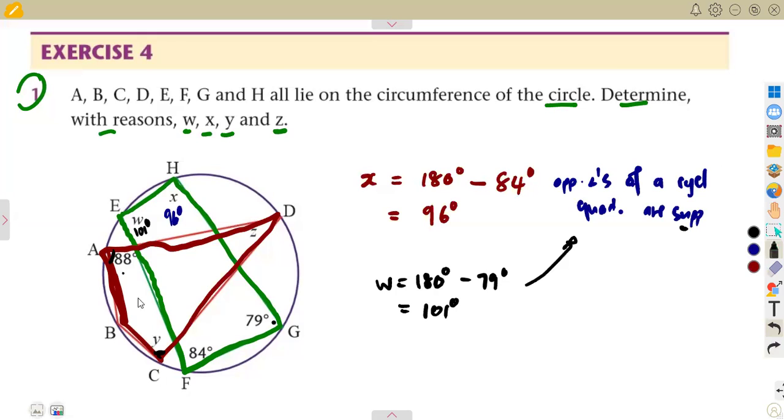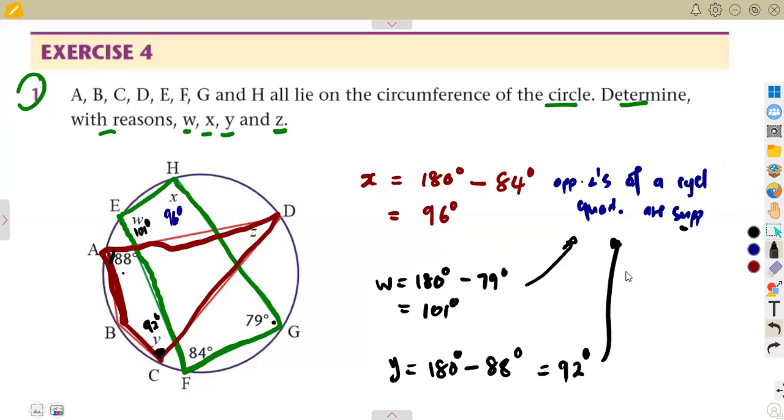So we can determine the angle of Y from that same concept, 180 degrees minus 88 degrees. If we subtract 180 minus 88, it gives us 92 degrees. So angle Y is equal to 92 degrees, from the same concept of opposite angles of a cyclic quadrilateral again.